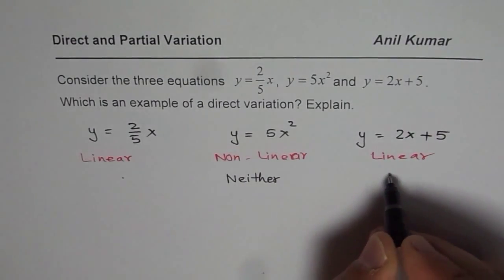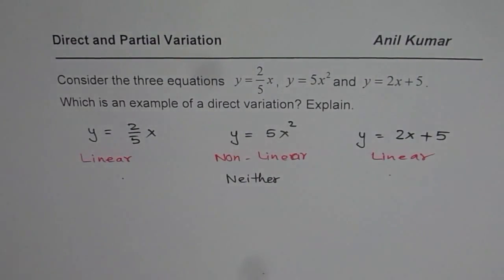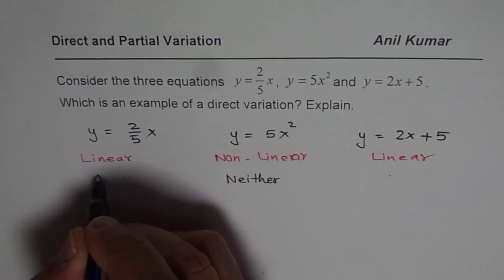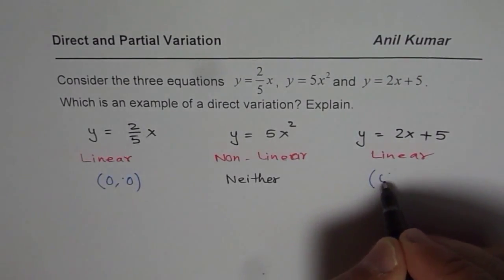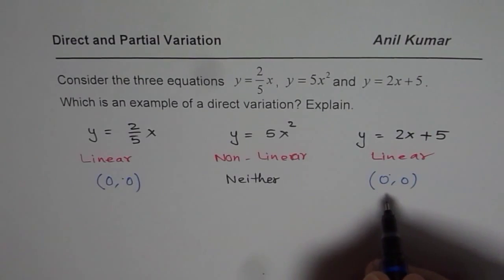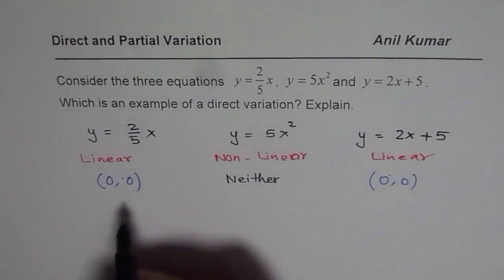Now you are left with these two linear equations. How can you figure out whether it is direct variation or partial variation? The best way is to check for the point (0, 0). If that satisfies the equation, then it is direct. If not, it is not direct.